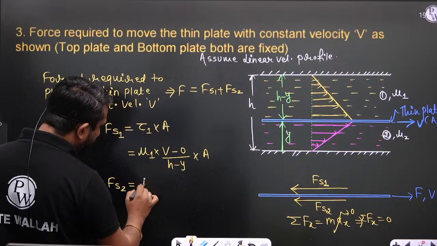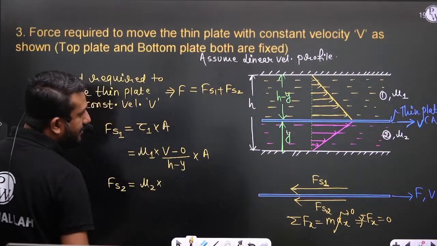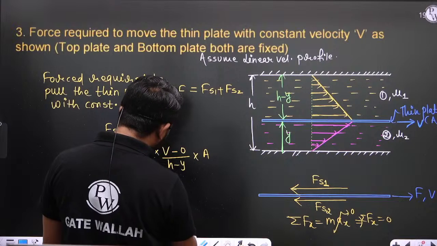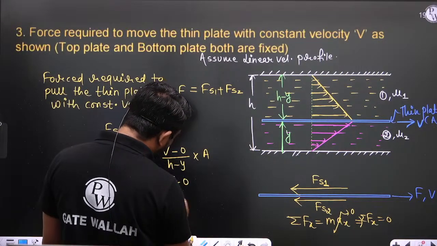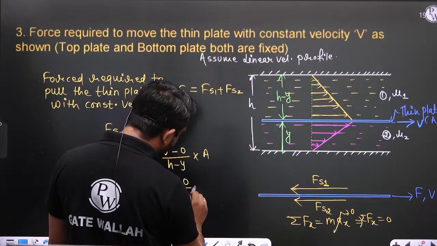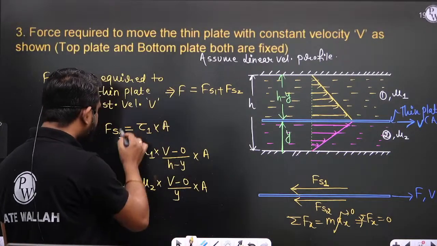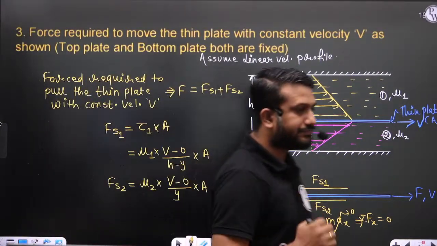This is equal to mu 2 multiplied by v minus 0 divided by y, into A. So this is Fs1 and this is Fs2.